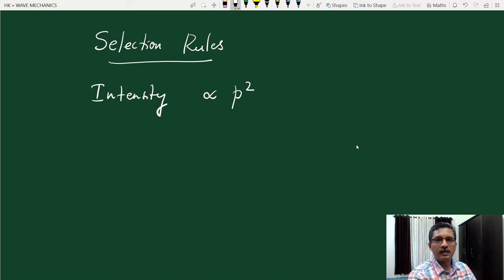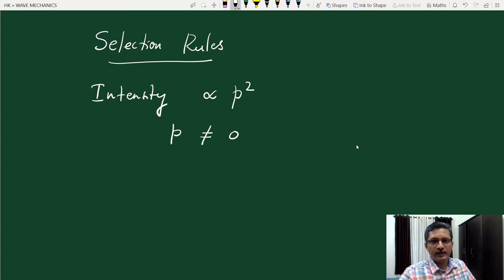So the condition for a radiative transition to take place is that the dipole moment should be non-zero. Okay, the dipole moment should be oscillatory, and this oscillating dipole moment should be non-zero. There should be some oscillating dipole moment. That is a condition.